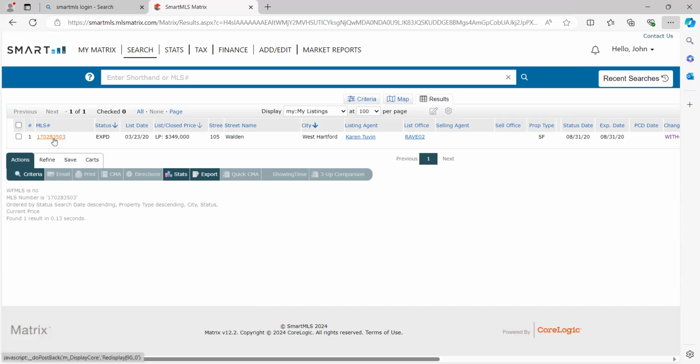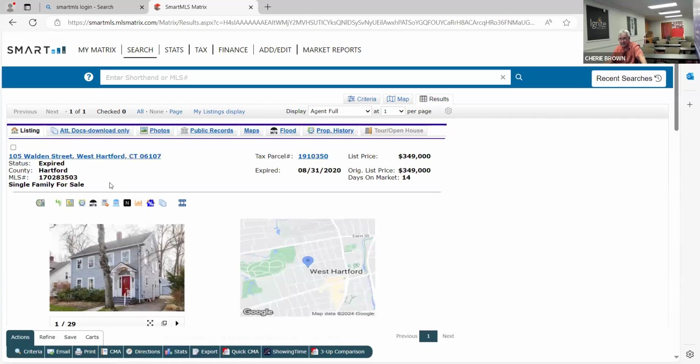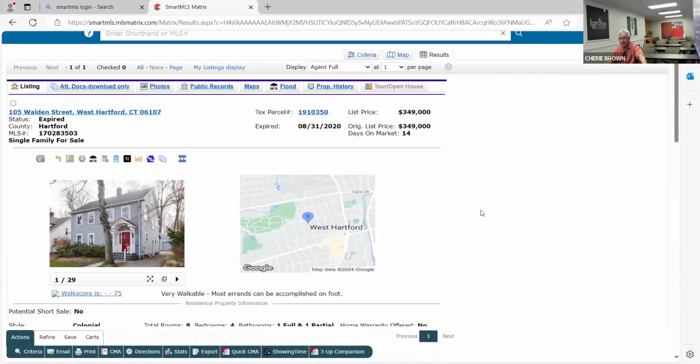So for this particular property, if I open it up by clicking on the MLS number, there we have it: 105 Walden Street in West Hartford. Town by town, things can be interesting; different sections of towns might have different values.